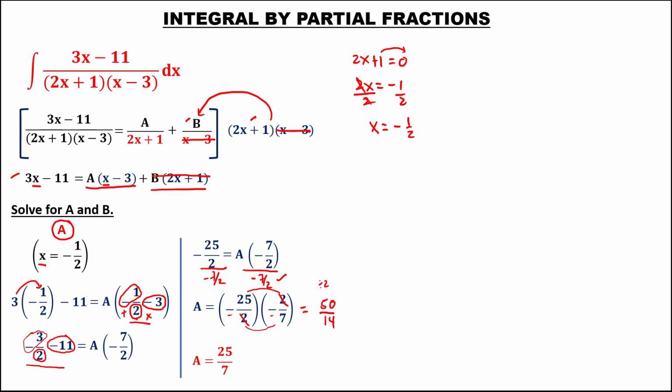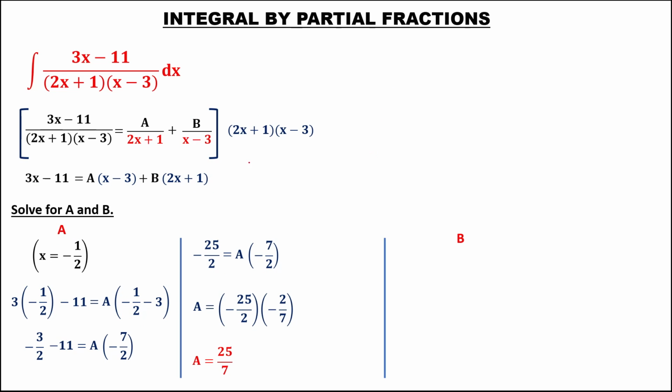Since we have now the value for A, we need to solve also for the value of B. To solve for B, we need to make the A term equal to 0. So equate x minus 3 to 0, so x must be equal to positive 3. Then again, substitute into this equation. So x is positive 3, then B equals 2 times 3.